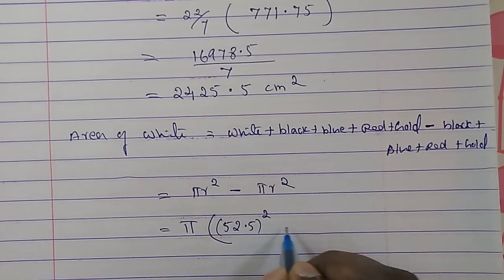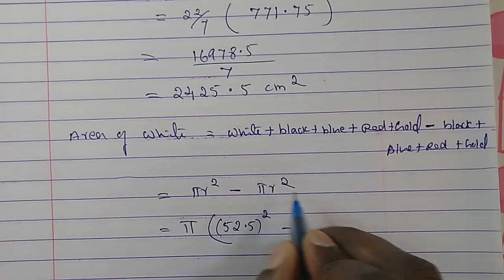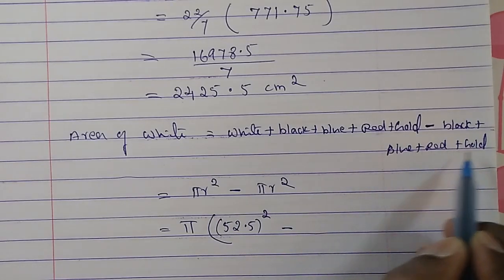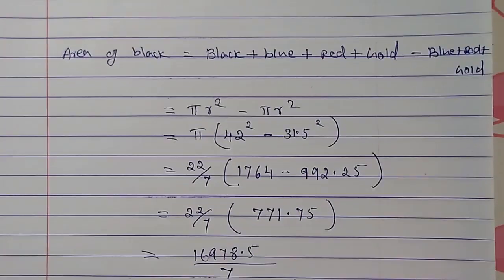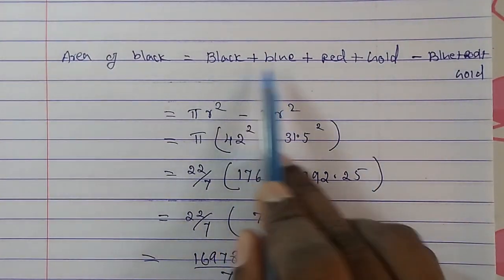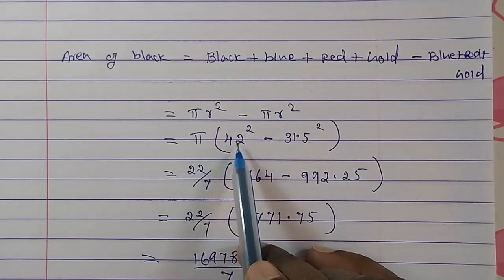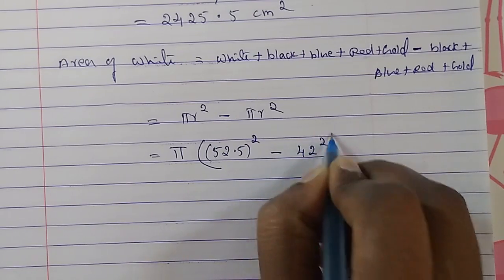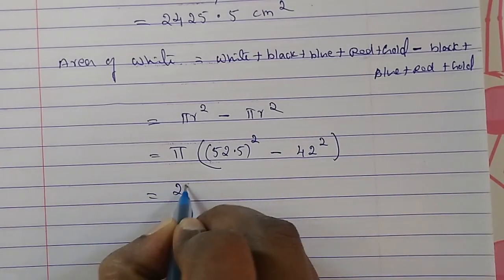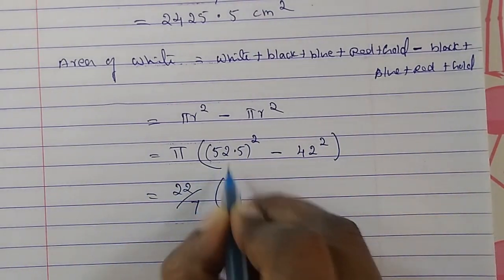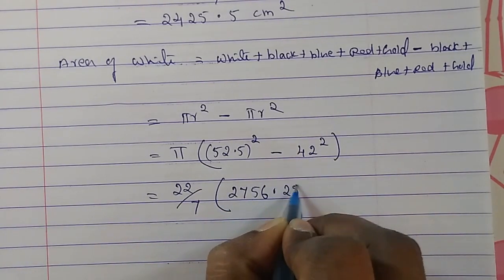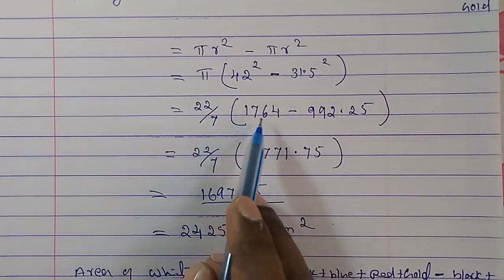52.5 square minus, pi is in common, this radius, that is black, blue, red, gold. Black, blue, red, gold, already we have done it here. So what is the radius we got? 42. So 42 square. So pi value you put, and this when you square it you will get 2756.25. 42 square, already we have done it here, 1764.